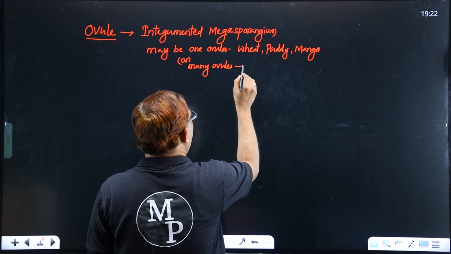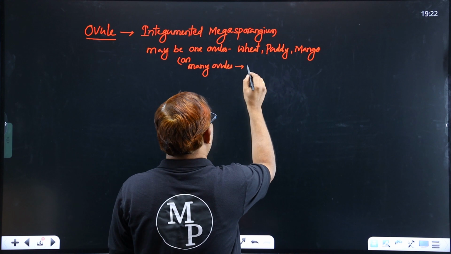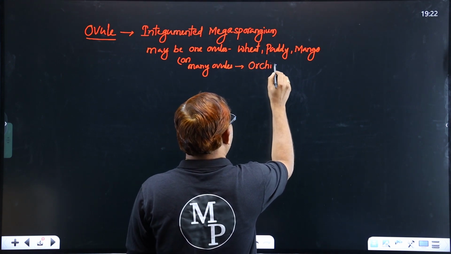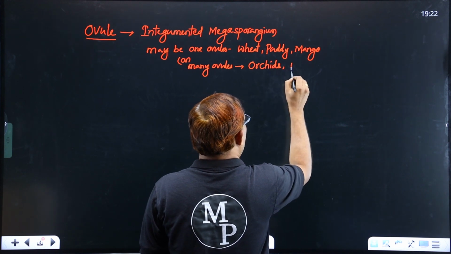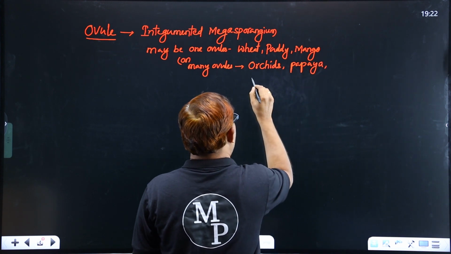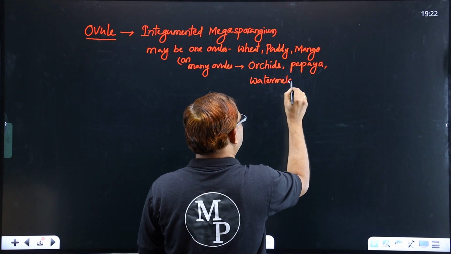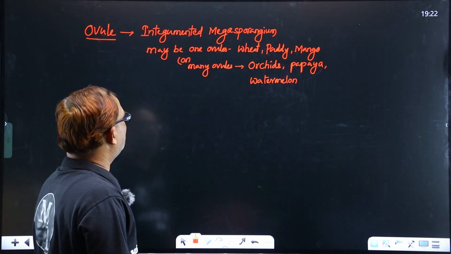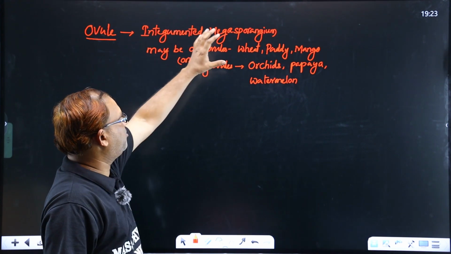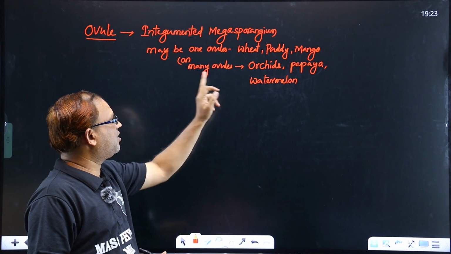Many ovules inside the ovary, examples are very important: orchids, then papaya, then watermelon. So an integumented megasporangium is called an ovule, and such ovules may be one or many.